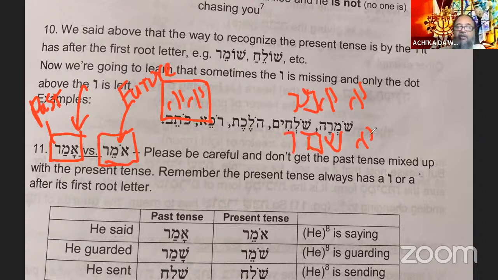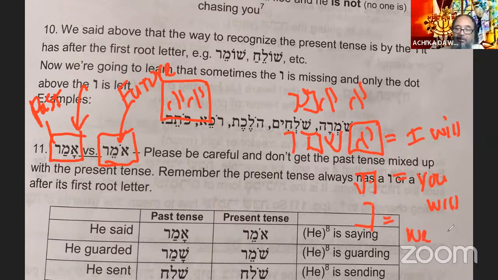Anytime I put an aleph, that aleph, according to what we've learned, means I will. If I put a tav on the front, it's you will. If I put a noon on the front of it, it's we will. You understand? If I put a yod on the front of it, it is he will.